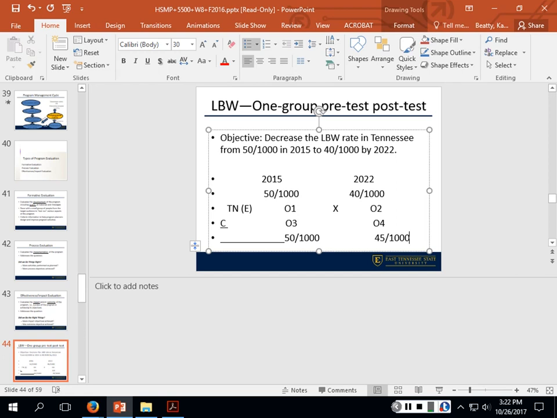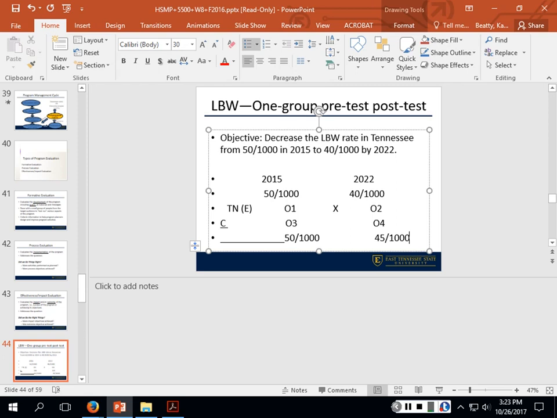So this decline of 10 per 1,000 in Tennessee, part of it can be attributed to our initiative, and part of it is likely due to whatever else was happening in the environment during that time period. Okay?